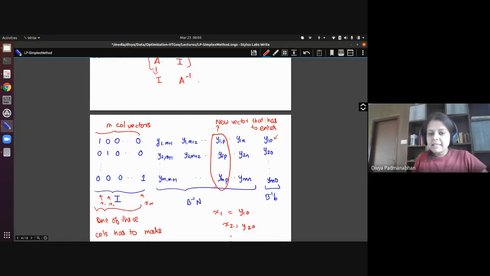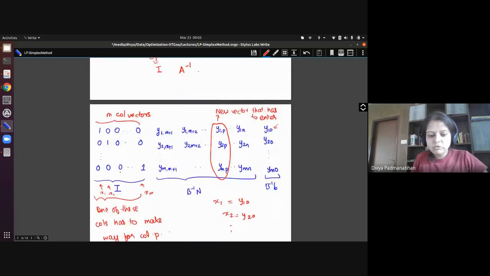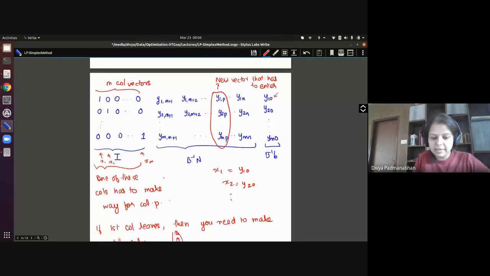Now at this point, what we are saying is that this is a basic feasible solution that you have. And you know that one of these is going to leave and one of these non-basic column vectors is going to enter.